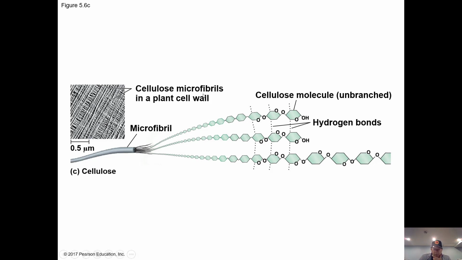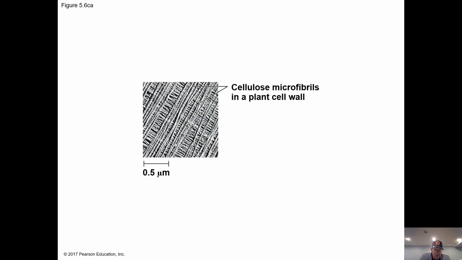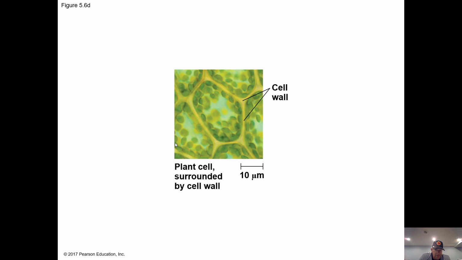So you can see the different levels of structure where all these cellulose are stuck together, and then they're put together in different fibers. And like I said, it's really hardy. And that's how the plant gets its own structure. You can see the electron micrograph.